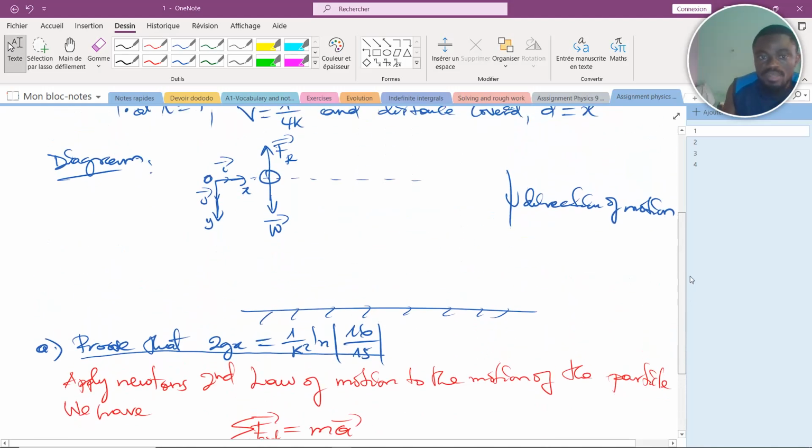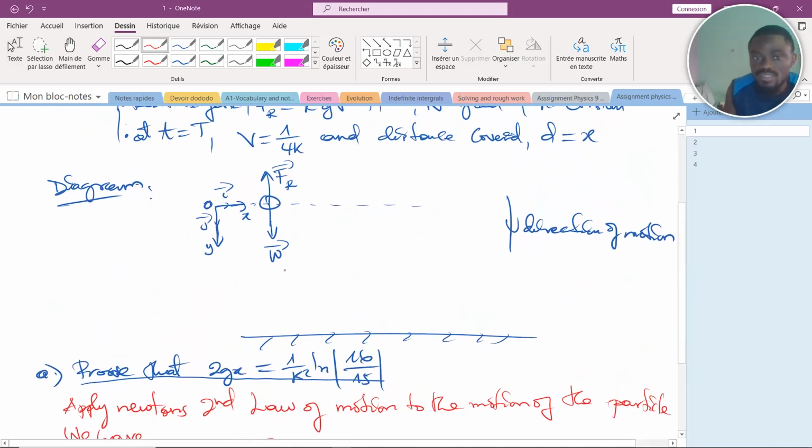Now, what are the external forces acting on the body?